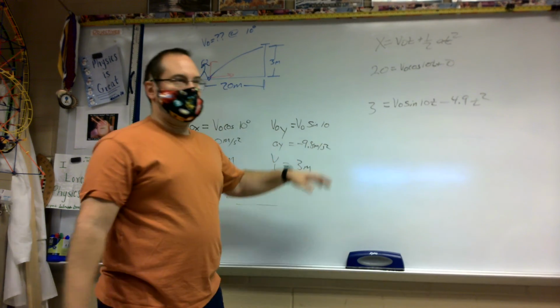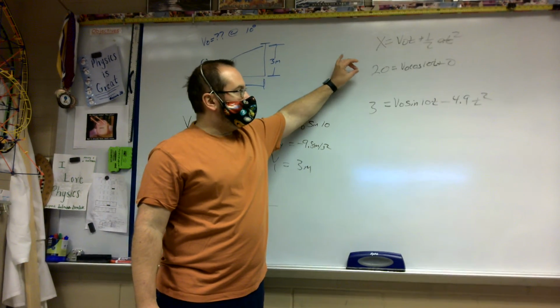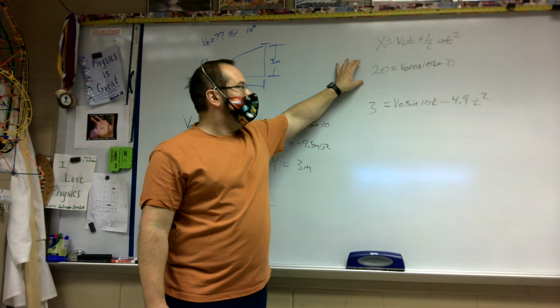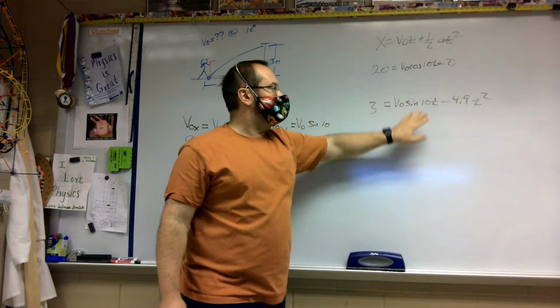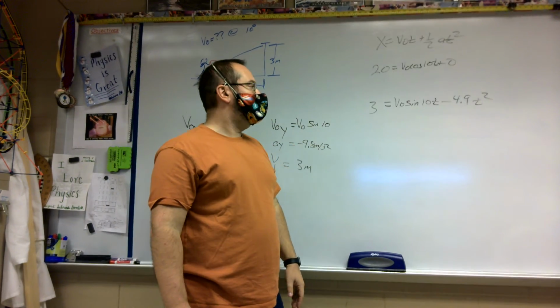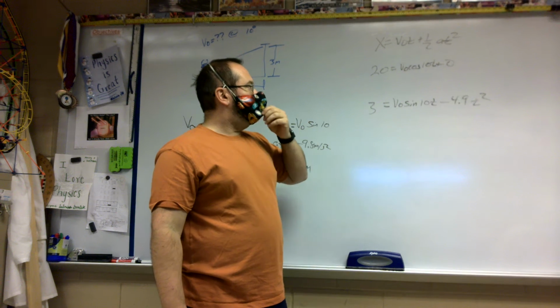Now, you could solve either one, but the smart idea is to solve the first equation because it only has one term on the right, where this has 2 terms. That would create some other problems if you try to solve for t or v initial. So I would use this one.